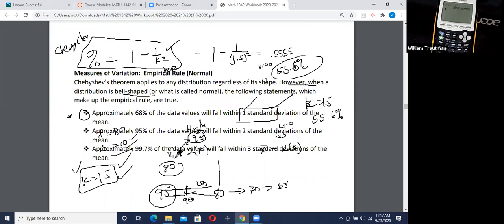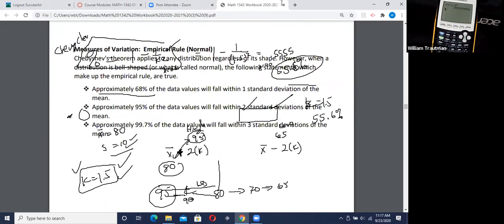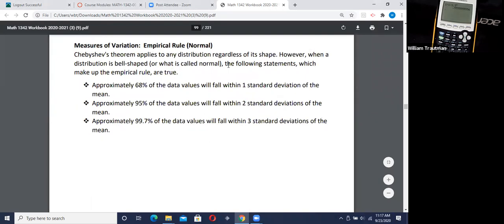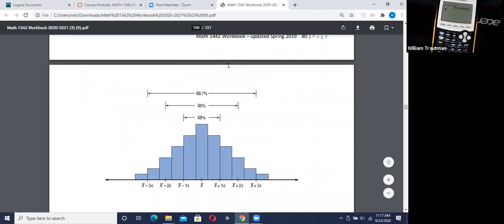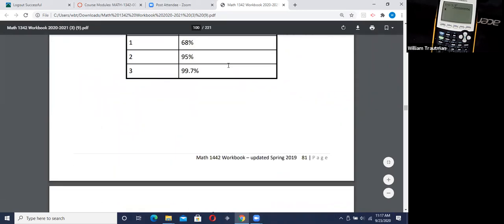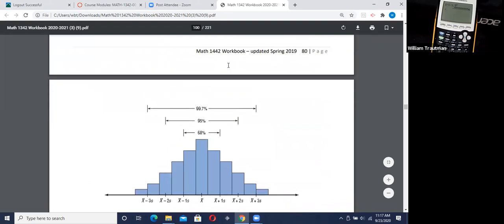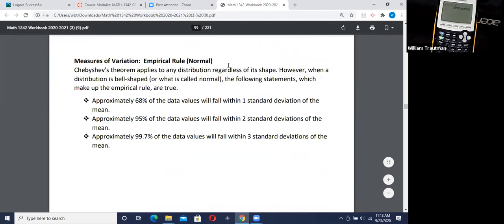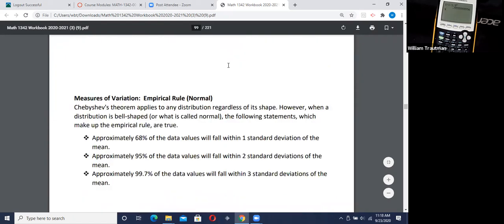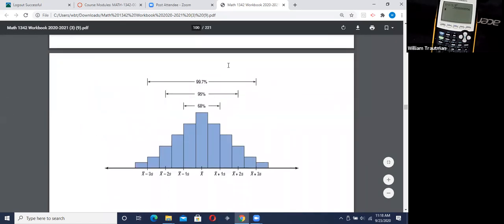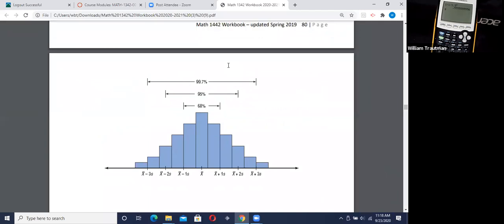Oh, was there more? Oh, the empirical rule. This is actually in the next lecture. So they just wanted to introduce this to us really quick. The next lecture is about the empirical rule. The empirical rule is what happens if our data is symmetrical. See how on the average in the middle, it is symmetrical on both sides.